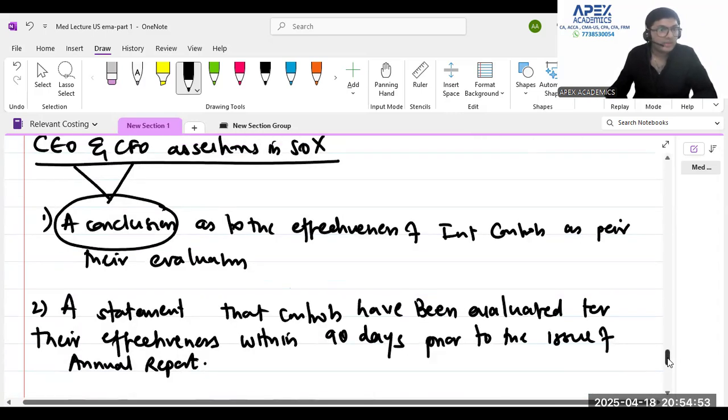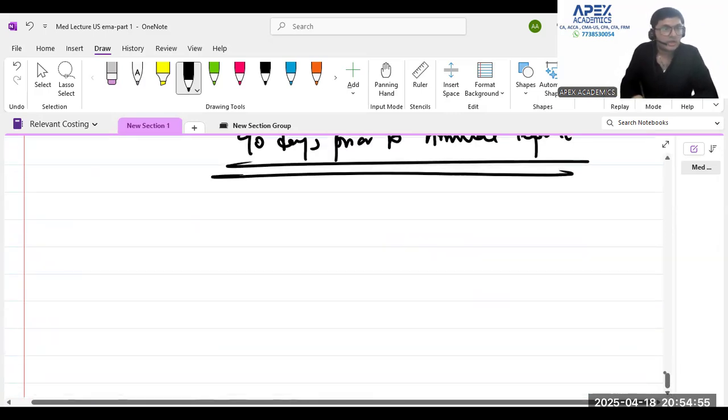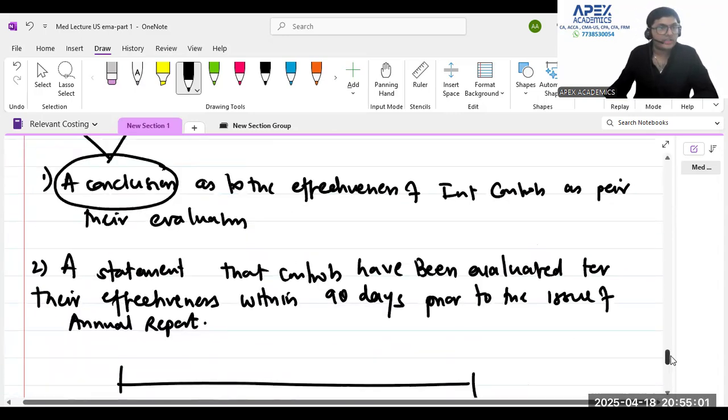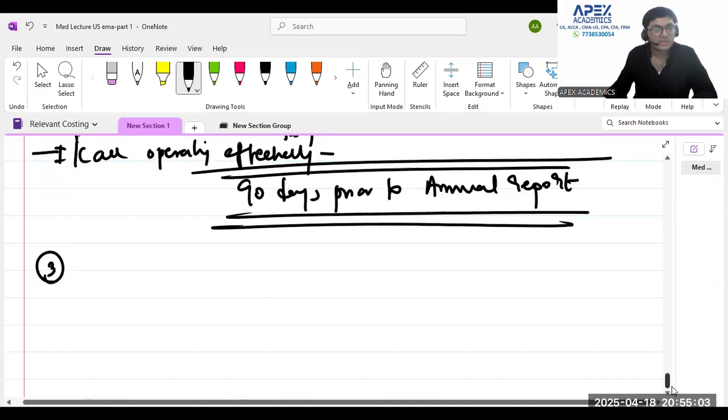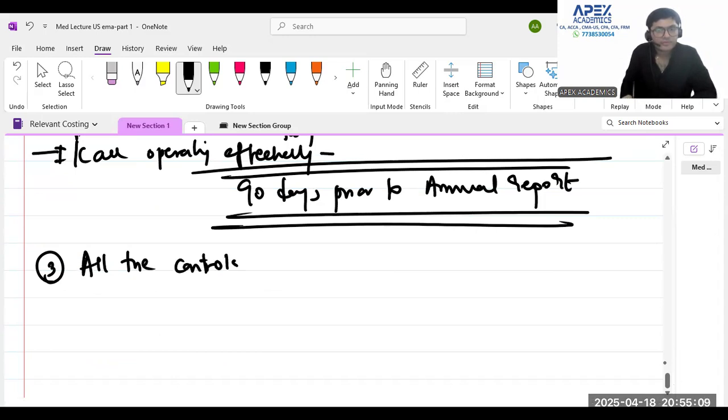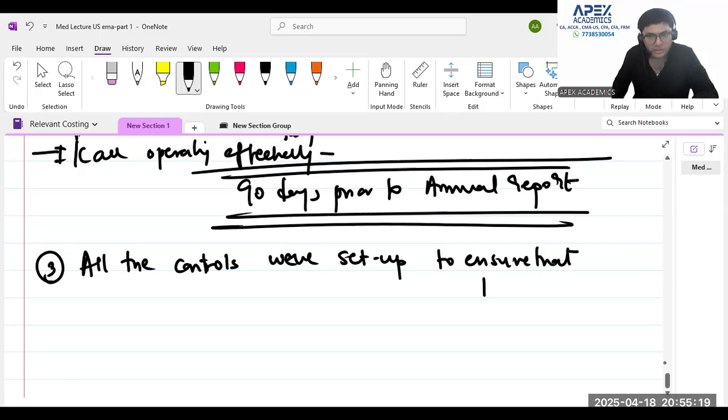Sir, third point, within the CEO and CFO assertion clarifications, is that all the controls were set up to ensure that, to ensure what?